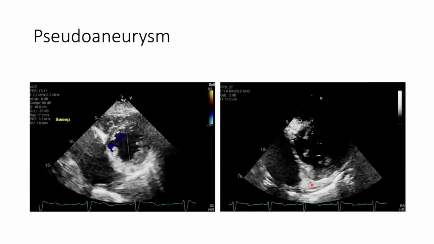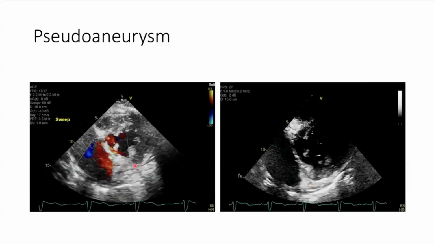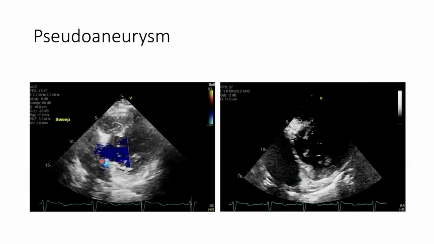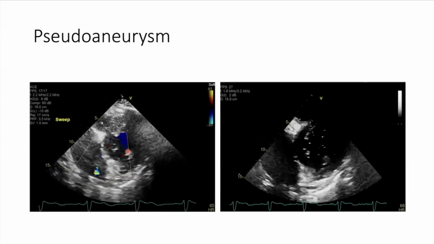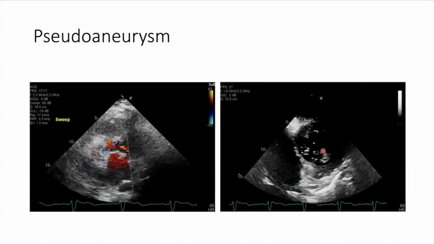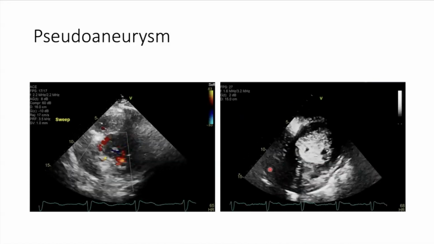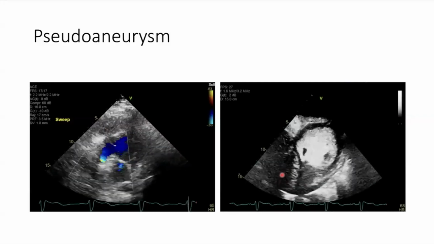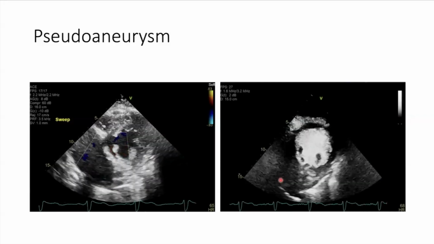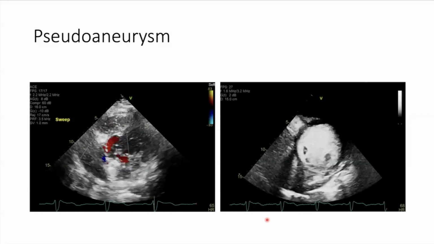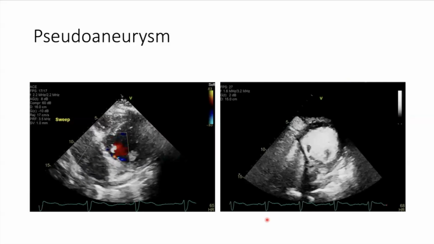When you interrogate with color Doppler, you can see that there's flow going into the cavity and back. And when you add contrast, first there's contrast present in the left ventricle, then slowly you start to see it going into the cavity, and then you can also see it going back. So that's a to-and-fro, and that's diagnostic.